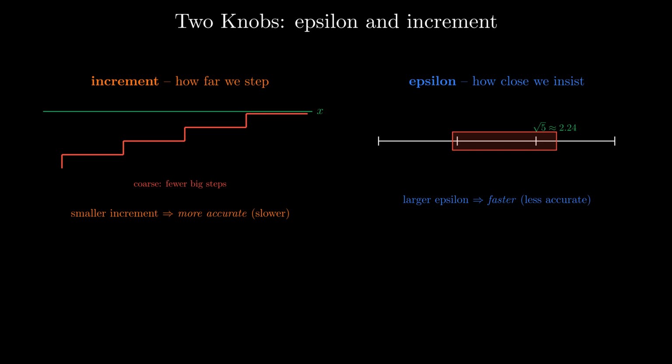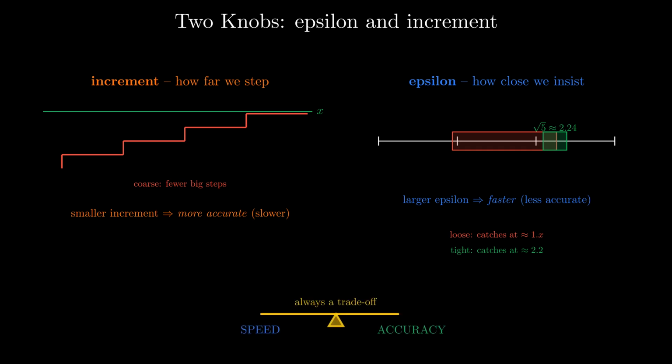Picture it with the square root of 5. With a loose epsilon, the first good enough guess was 1 point something. Tighten epsilon and the good enough guess became 2 point something, much nearer the true answer near 2.24. So there is always a trade-off, speed against accuracy.